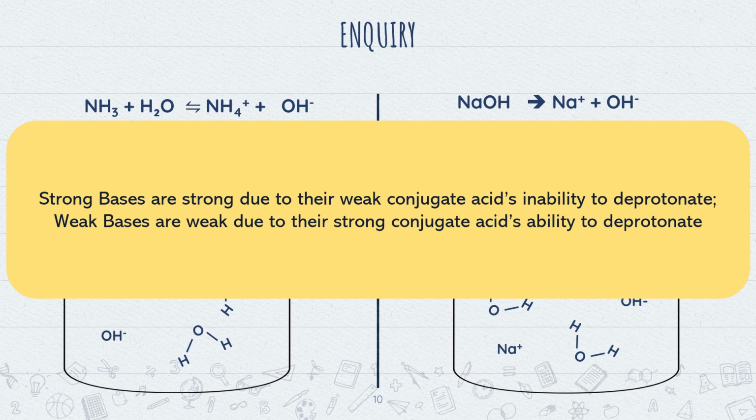We realize that the conjugate base's or conjugate acid's ability to deprotonate or protonate a H2O molecule will determine whether a salt can be acidic or alkaline when dissolved in water.